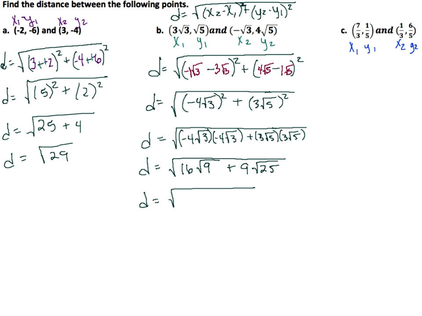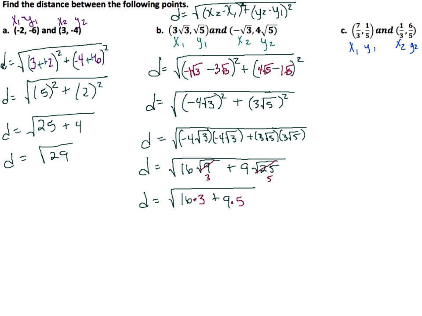Continuing. This is 16 times, okay, I can take the square root of 9, and that's 3. So that's 16 times 3 plus 9. I can take the square root of 25 and get 5. So 9 times 5.